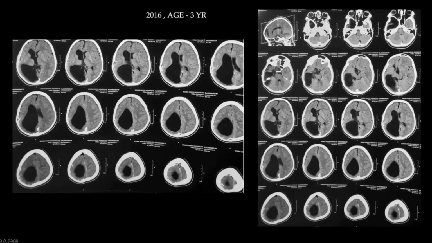2016, at the age of 3, the calcifications have progressed. There is again asymmetrical dilatation of the lateral ventricle, some degree of atrophy on the right side as compared to the left. And also, I think there is some volume loss of the right basal ganglia, and also some Wallerian degeneration of the brainstem, the midbrain on the right side.